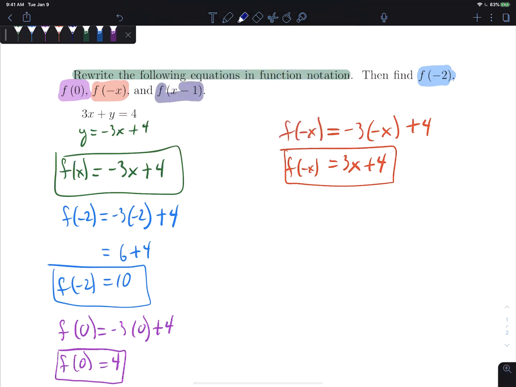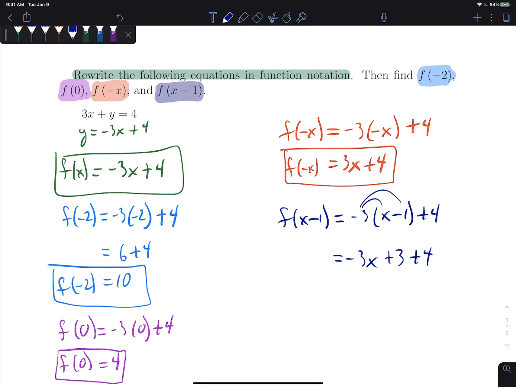Now for the last one, f of x minus 1. So looking at f of x minus 1, I'm going to replace the x in the original with x minus 1. So this gives me negative 3 times x minus 1 plus 4. And then just simplify the right-hand side. Be sure to distribute the negative 3. So this gives me negative 3x plus 3 plus 4.